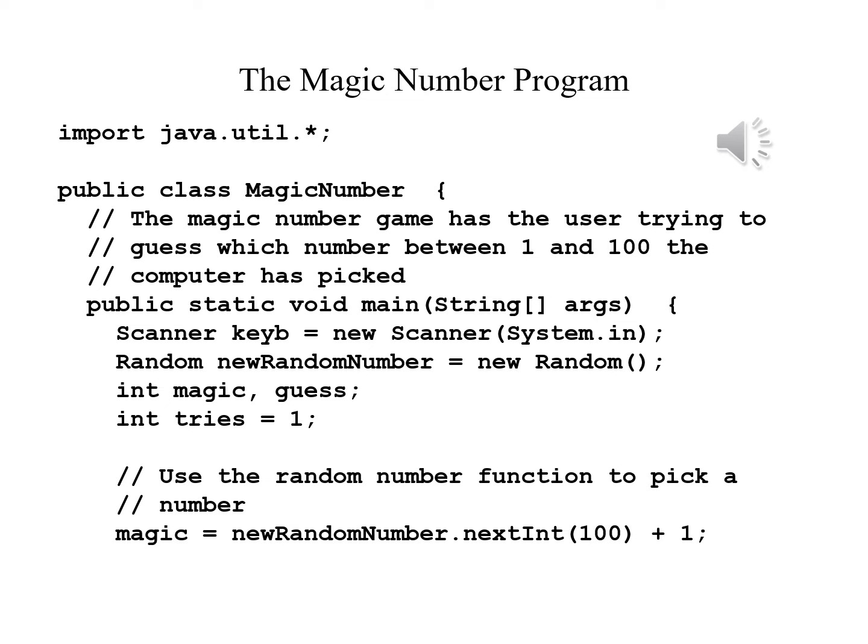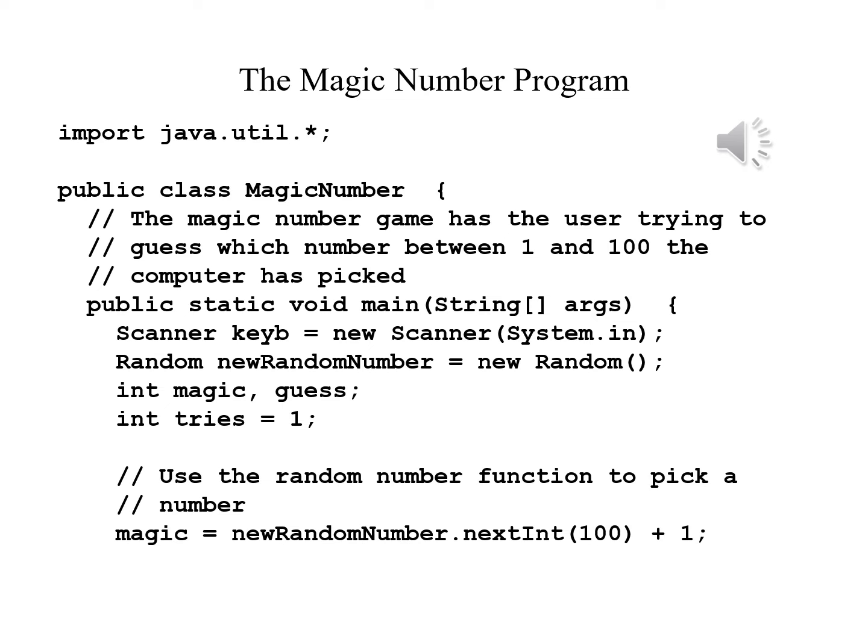The magic number game has the user trying to guess which number between 1 and 100 the computer has picked. We begin the main method, as usual, with public static void main(String[] args), open brace to begin the method.